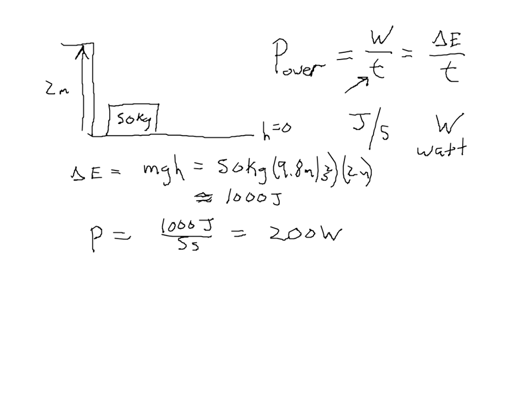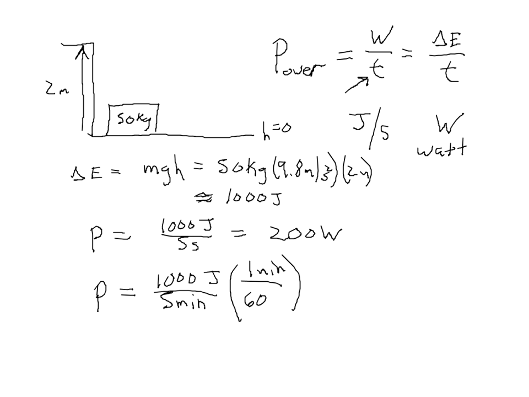On the other hand, if I lift up each book one at a time and it takes me 5 minutes, then the power would be 1,000 joules over 5 minutes, but I need to change that time into the standard unit of time, which is the second. So we'll multiply by 1 minute over 60 seconds.